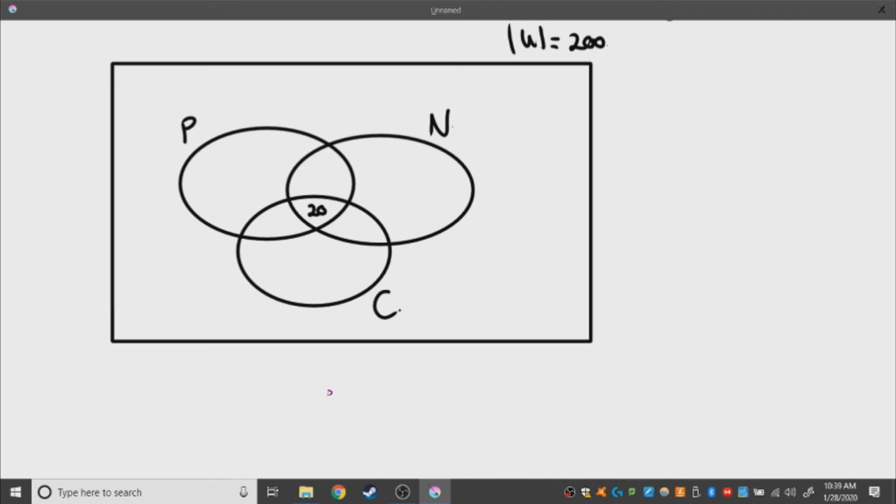Is it a single region or multiple regions? It is a single region because, first of all, it's engineering. These guys over here, they're taking multiple courses. These guys over there, multiple courses. The only people taking only engineering are these ones over here. And that's a single region, so I can put in a 50.